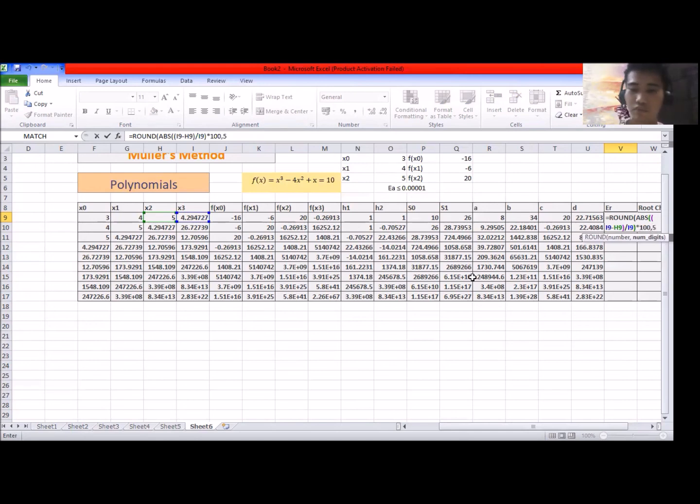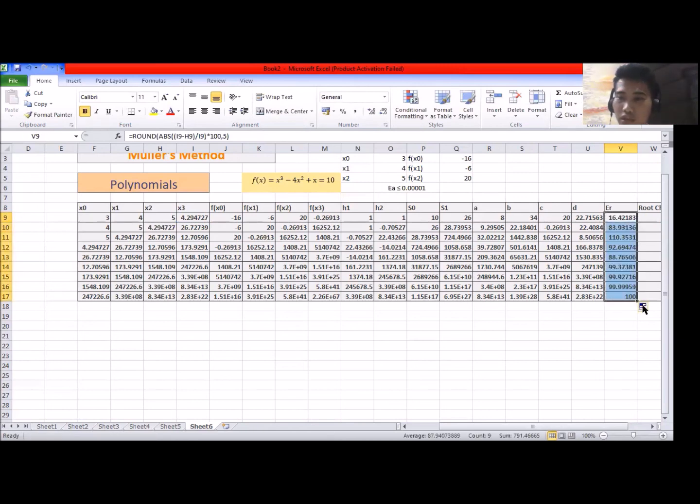Then copy the formula until it is satisfied.